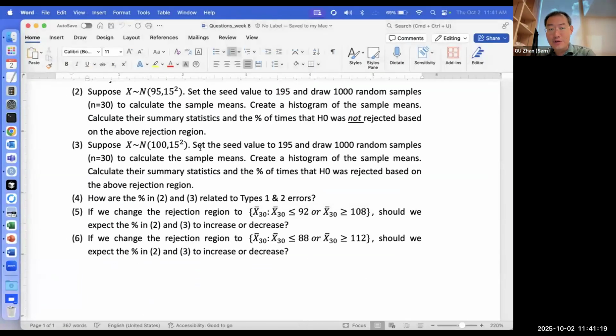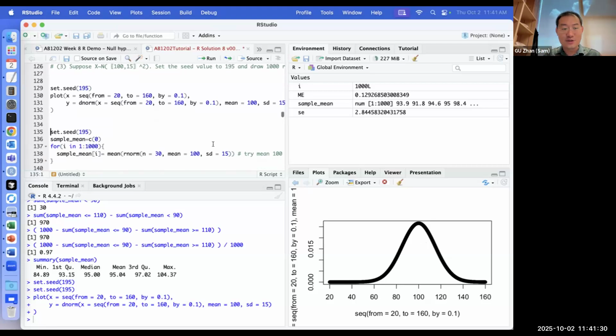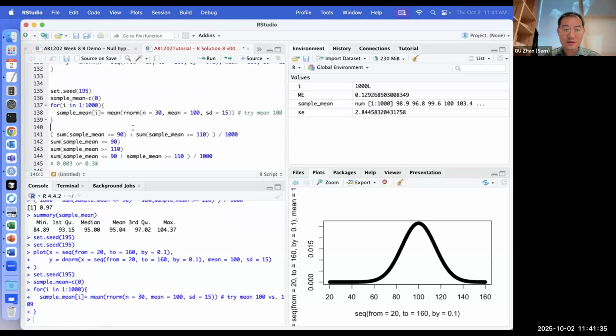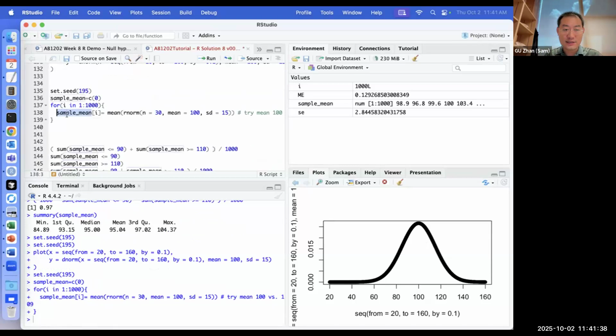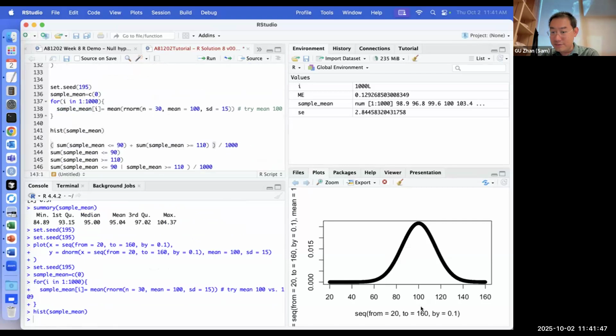Okay, and your null hypothesis is that your population mean is 100. So this time the population mean is, in fact, 100. Then we collect 1,000 sample means, and we do a histogram to show you the actual sample means. So this is the population distribution centered at 100.